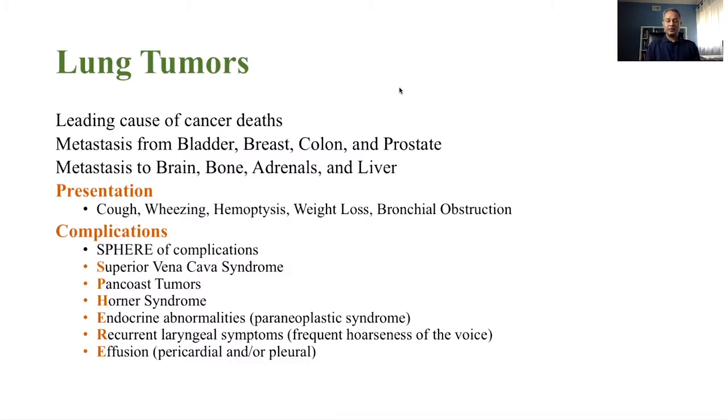An important thing from Step's point of view and from a clinical point of view is whether lung cancers are primary only, or whether there are secondary as well. Remember that primary lung cancers are about 5%, but there are a lot of secondary lung cancers, which are other cancers metastasizing to the lungs.